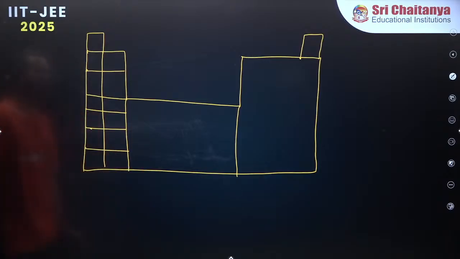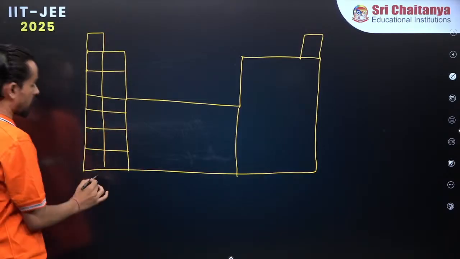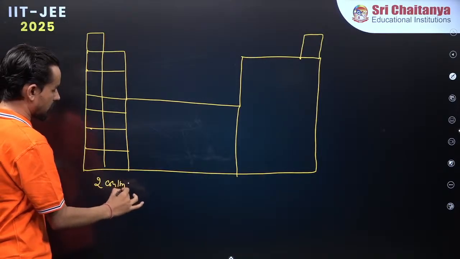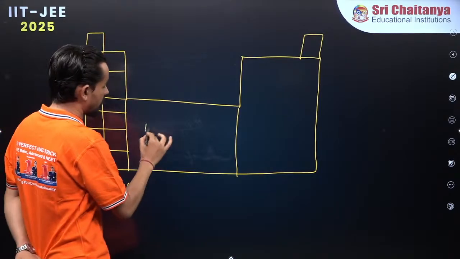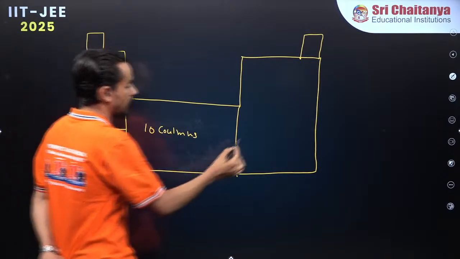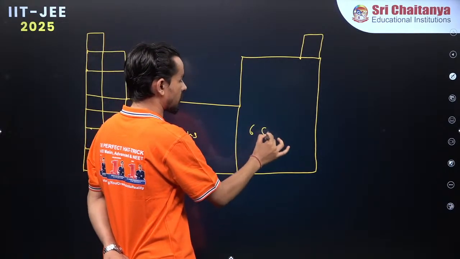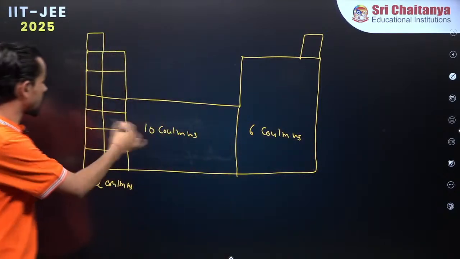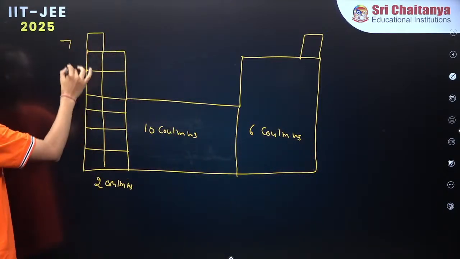This is the basic idea that you can see. Here only 2 columns, here it will be 10 columns, and here it will be 6 columns. Apart from that, these are the 7 rows.